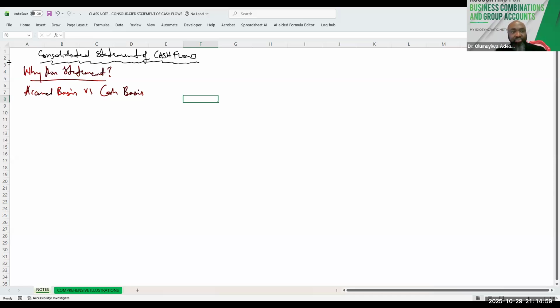Which then means that accrual basis is responsible primarily for completeness of accounts and equally responsible for us to be able to ascertain the financial performance of an entity at any point in time with respect to profitability, as opposed to cash basis. But cash basis also has its own unique relevance, most especially in helping us to recognize transactions on the premise of involvement of cash.